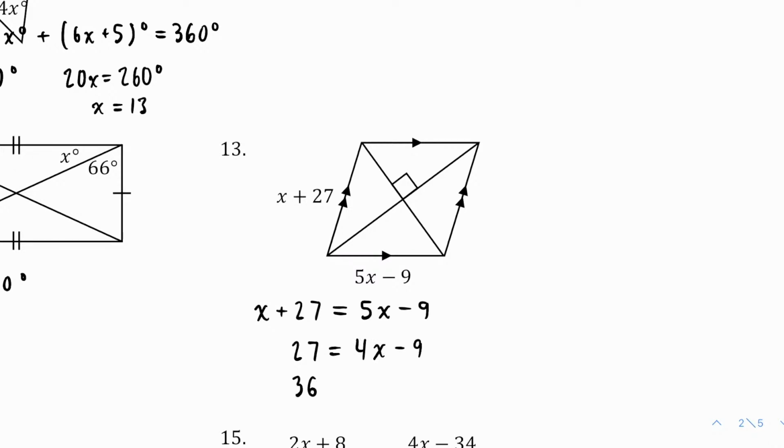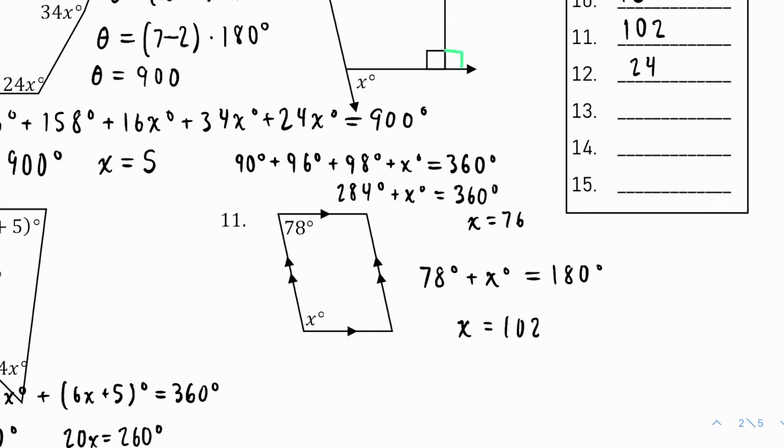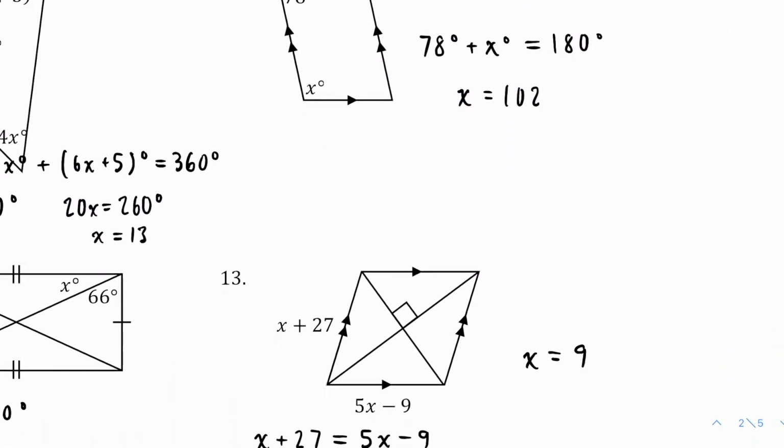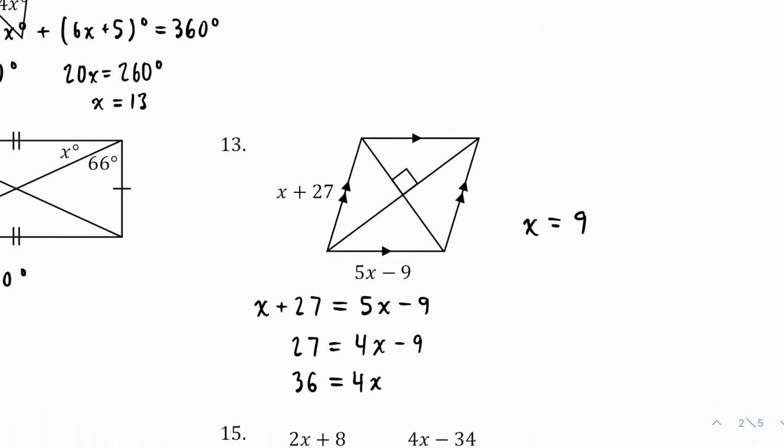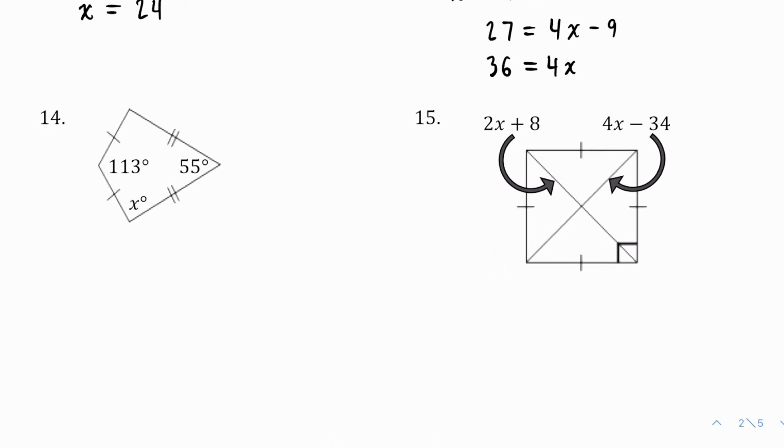Add 9 to both sides. 36 equals 4x. Divide both sides by 4, and x equals 9. So again, it looks kind of intimidating having, like 4 pages worth of problems, but most of these, once you figure out how to set it up, it's just a very quick algebra problem.